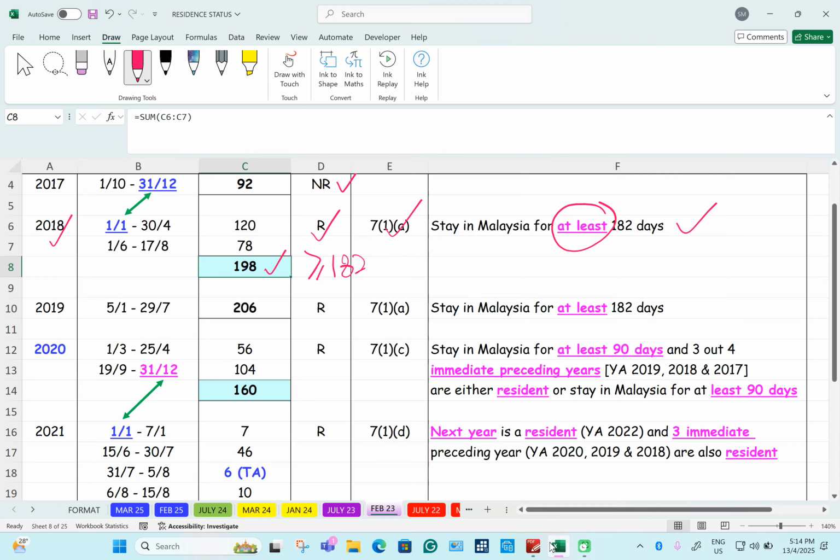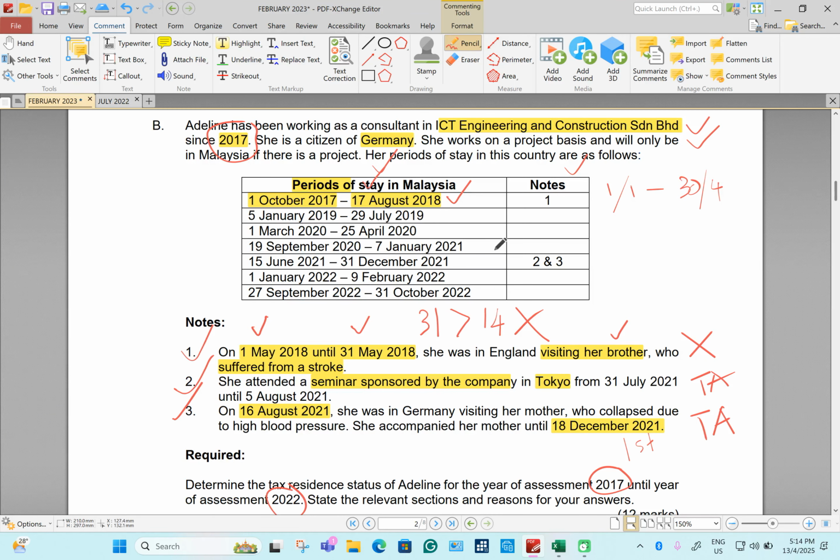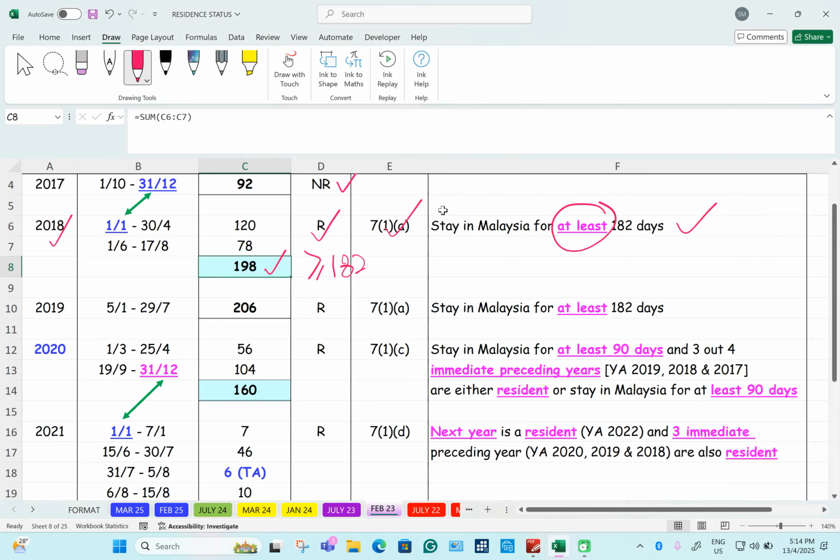Next, we go to 2019. What do we have? 2019, 5th January until 29 July. Calculate the number of days, everyone. January is 31 minus 5 plus 1.